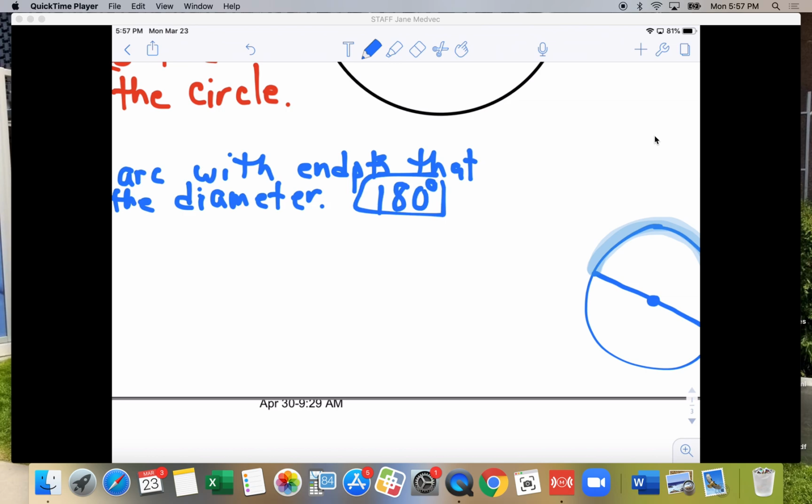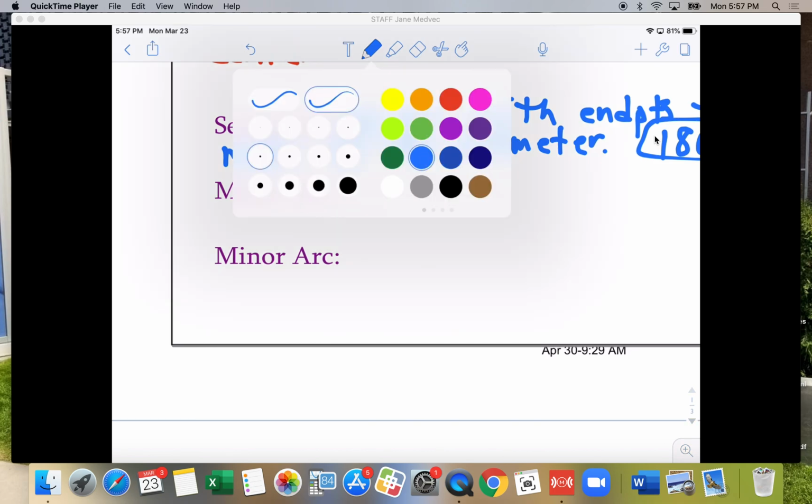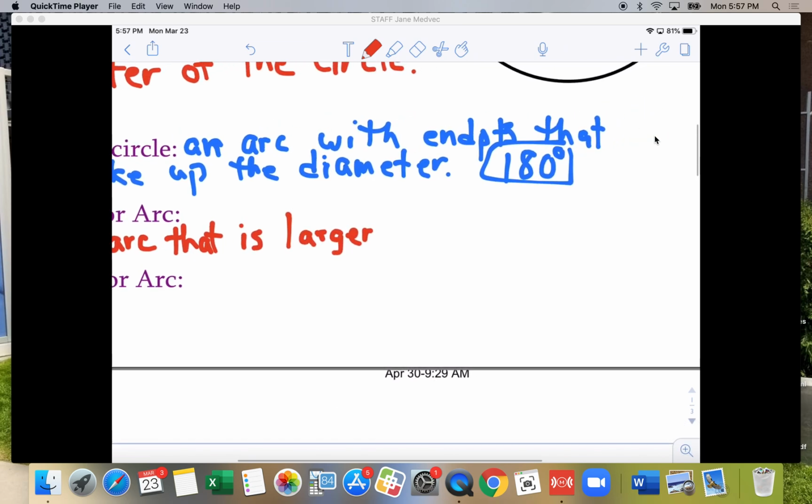Now we're going to talk about a major arc and a minor arc. A major arc is an arc that is larger than 180 degrees.